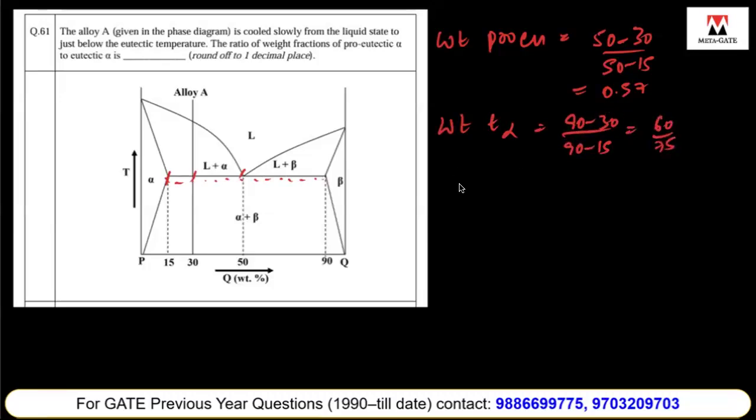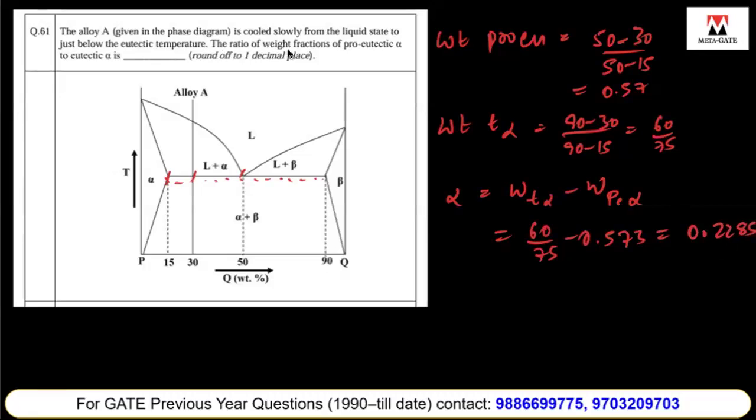The weight fraction of eutectic alpha is total alpha minus proeutectic alpha, because the weight fraction of proeutectic alpha plus eutectic alpha is the total alpha. So it is 60 by 75 minus 0.573, which is equal to 0.2285.